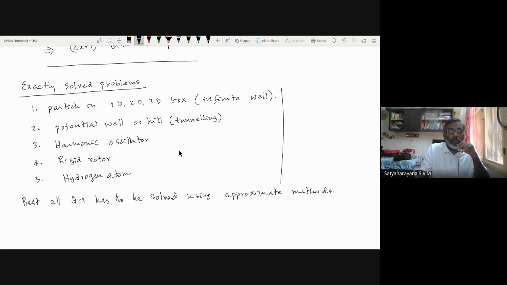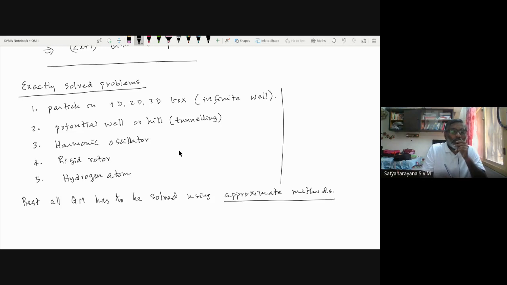Basically, what you have learned so far is like the alphabets of quantum mechanics, and the business will start only when you try to do any calculation you want to do in real life, which you should do only using approximate methods.